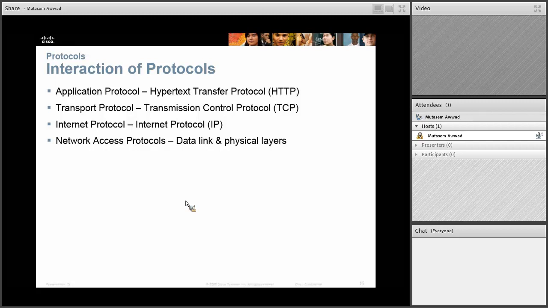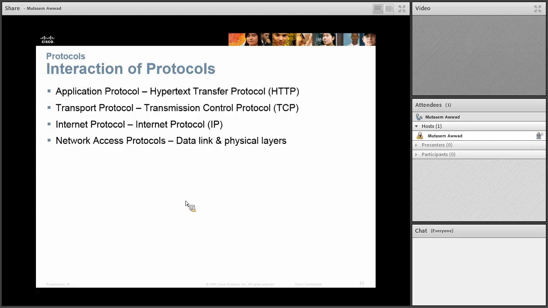It is responsible for identifying what the application is and chopping the data into smaller pieces if it receives data from the application layer that is too big. He makes a phone call to the destination and asks, are you there? TCP is a connection-oriented protocol, as we will discuss later on.